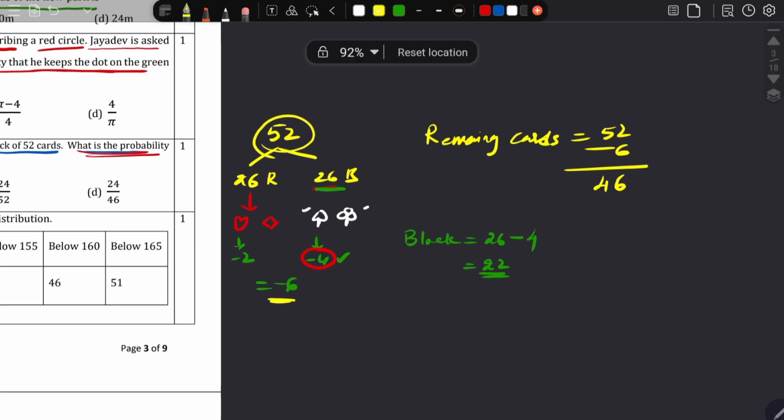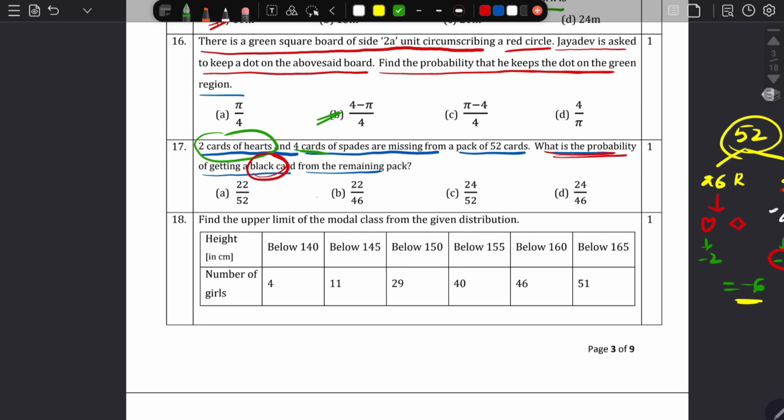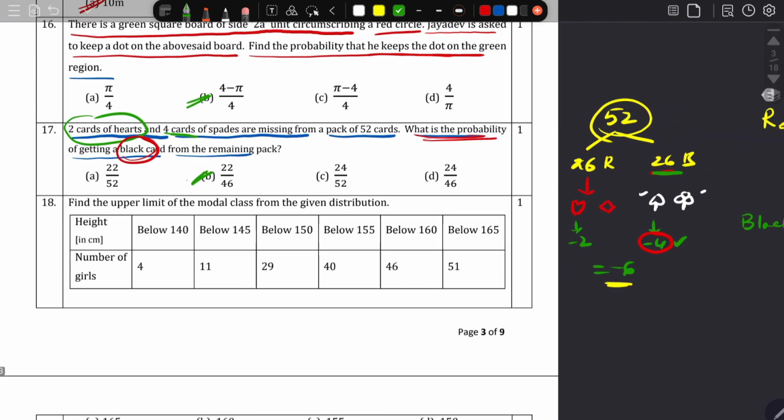Therefore the required probability of getting a black card is 22 out of 46 only, so 22 divided by 46. So option B is absolutely right.